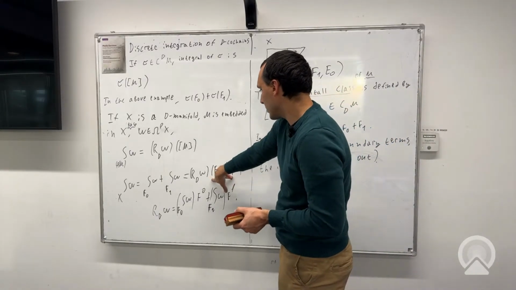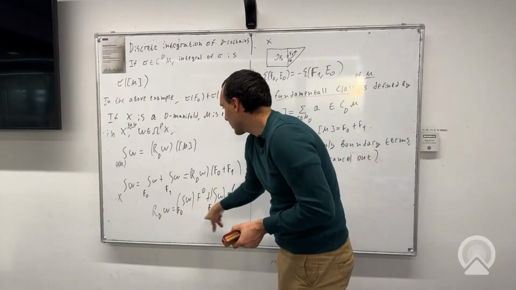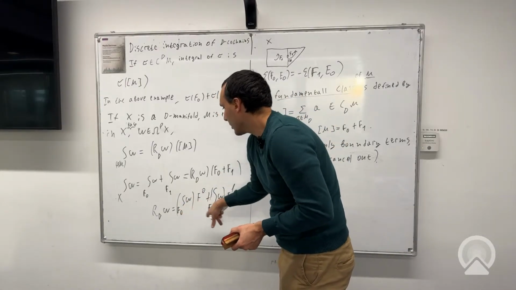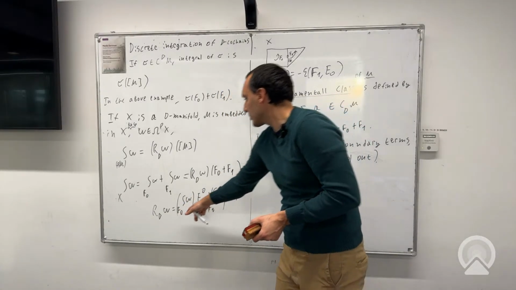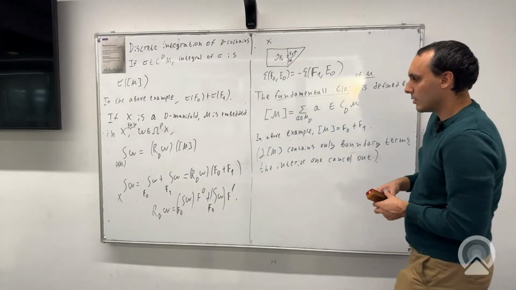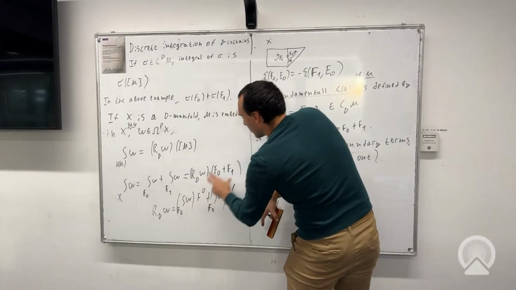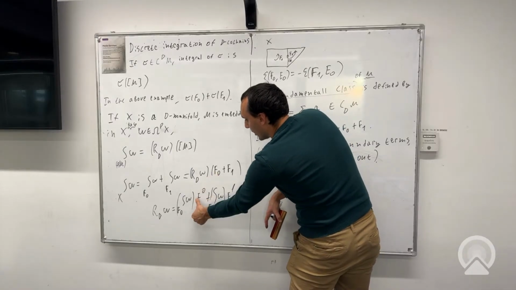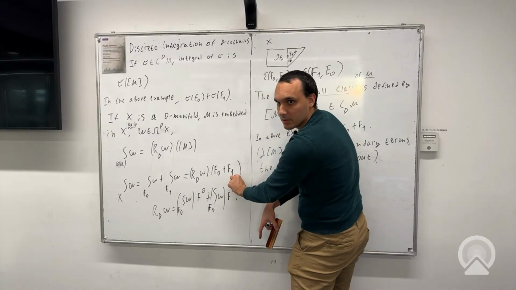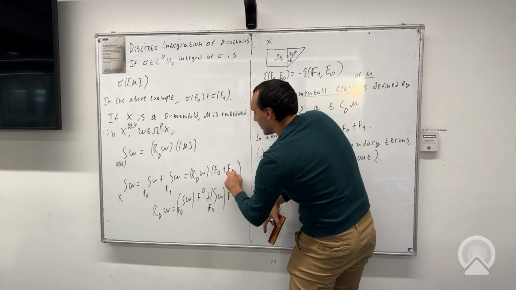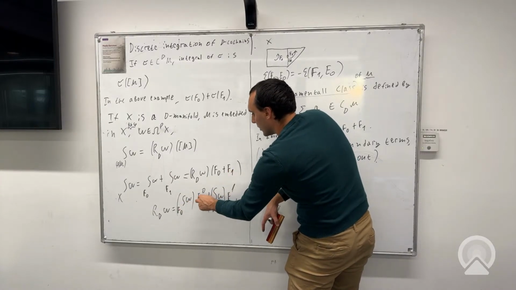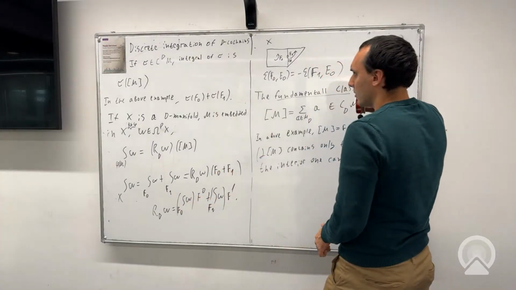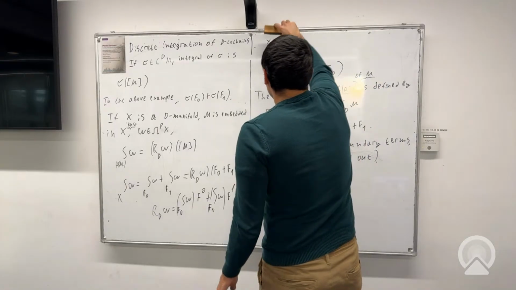When we apply this to the sum, we get these two terms, because applying F up 0 with F down 0 is 1, and F up 0 with F down 1 is 0, so this term doesn't contribute. And then we have this for mixed formulations.